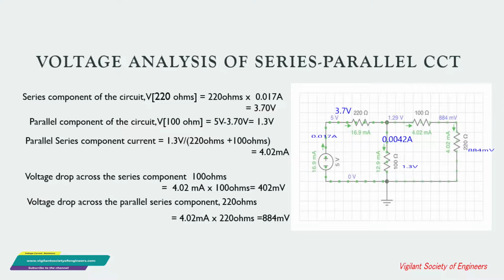When we analyze the voltage within the circuit, we just want to see how much of the voltage is dropped across each one of the resistors. If we're supplied by 5 volts, then there's going to be a voltage drop across each one of the resistors, and that's going to equal the total value of the voltage that is supplied to the circuit.